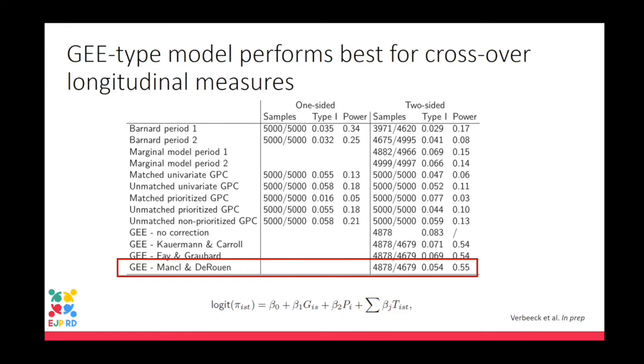The other non-parametric methods, including the GPCs, do control it, except for the matched one, but I will discuss this later. The unmatched GPC controls the type 1 error well, but its power is not as high as the GEE type models.